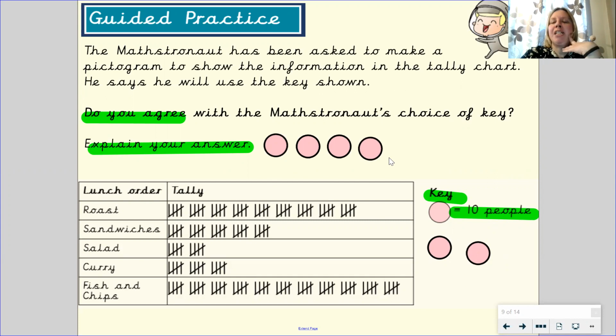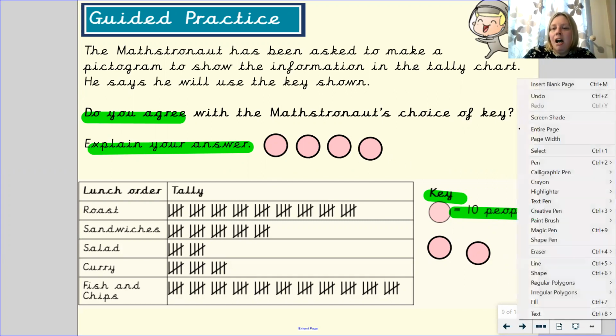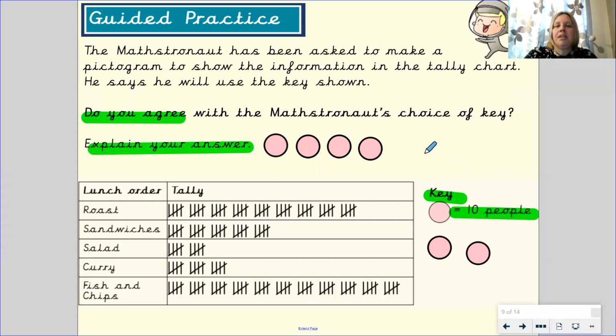5 is half of 10. What could I draw? I could draw half of a circle to represent 5 because 5 is half of 10.